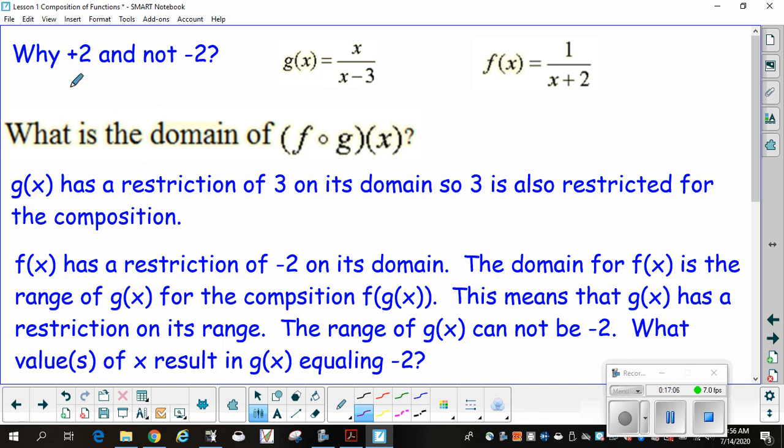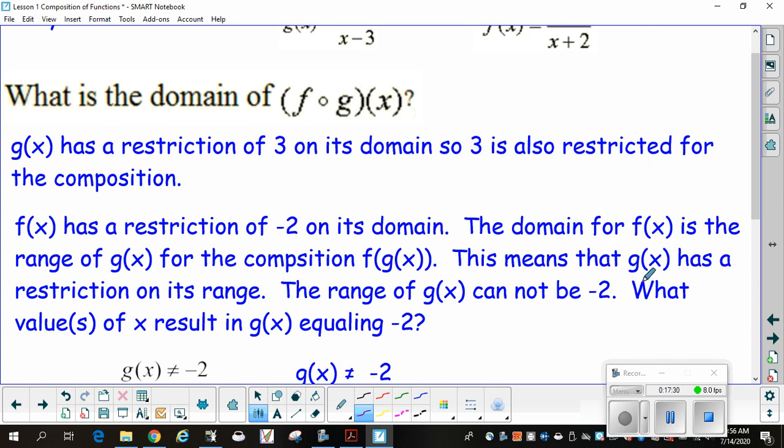Now, y plus 2 and not negative 2, because this one's negative 2. Remember that g has a restriction of 3 on its domain, so 3 is also restricted for the composition. f of x has a restriction of negative 2 on its domain. The domain for f of x is the range of g. This means that g of x has a restriction on its range. The range of g of x cannot be negative 2.